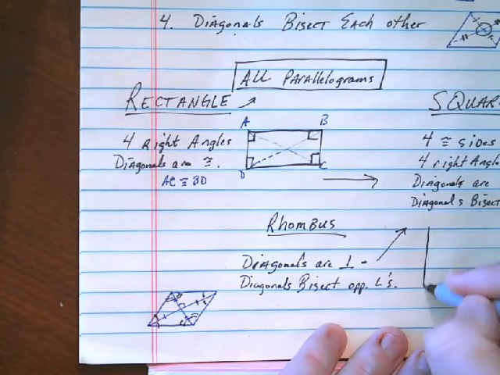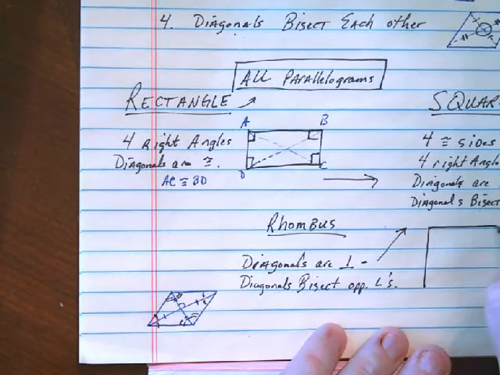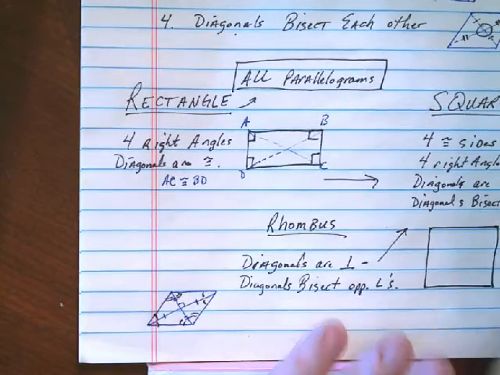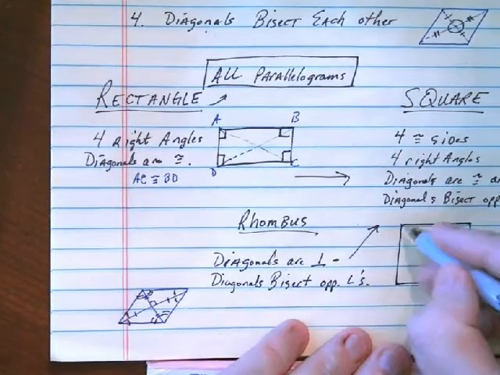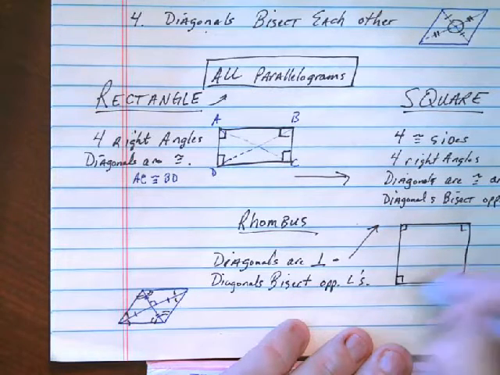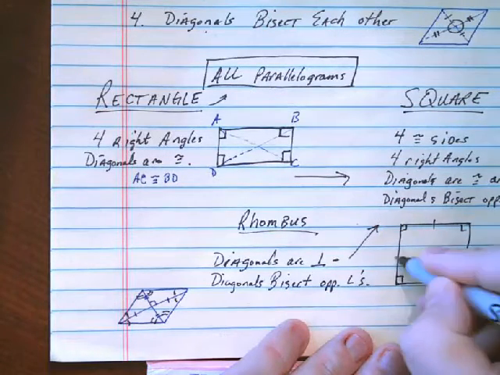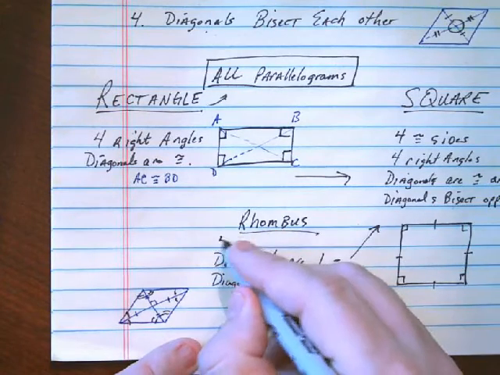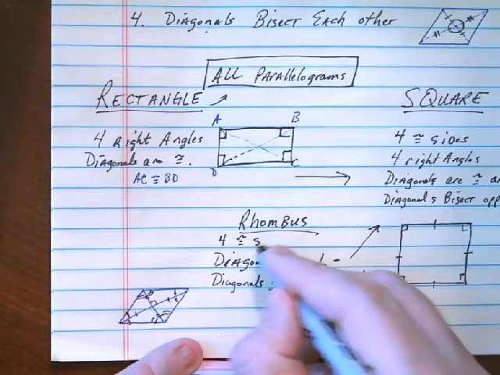I'll try and make a little bit of a bigger square here. Okay, so we know we have four right angles. We know we have four congruent sides, just like a rhombus. Oh, by the way, I didn't say that, but a rhombus has four congruent sides as well.